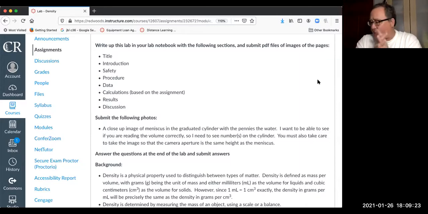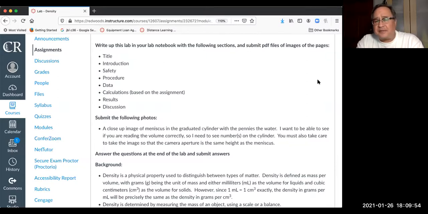We talked about that and how you arrange the lines so that your camera height is at the right height. This is so that I can make sure that you're recording the proper value using your graduated cylinder. If you have that value correct for the water in your graduated cylinder, then you will have it correct for following volumes in your graduated cylinder.